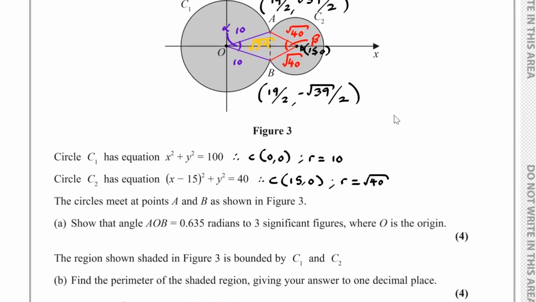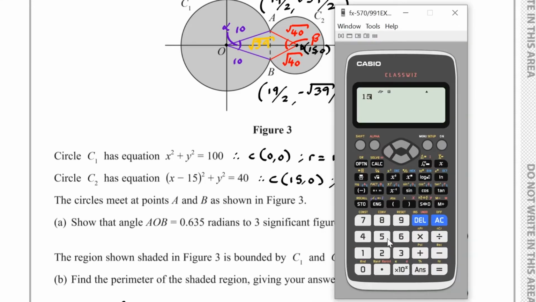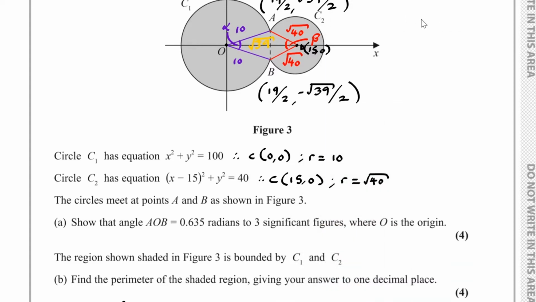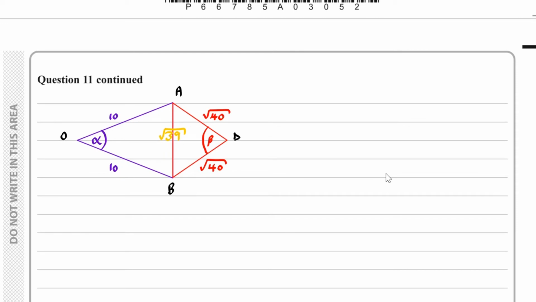Going from here to the line AB, this length is 15 take away 19 over 2, that's 11 over 2. Actually, we don't need that. To find the angle AOB, we have to use the cosine rule to find the angle.